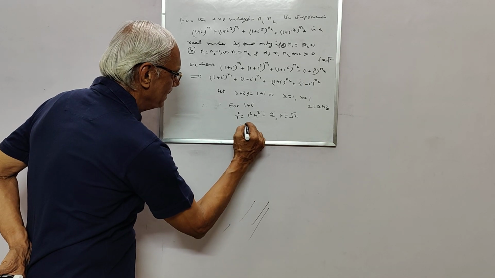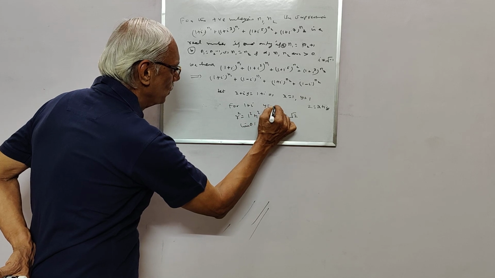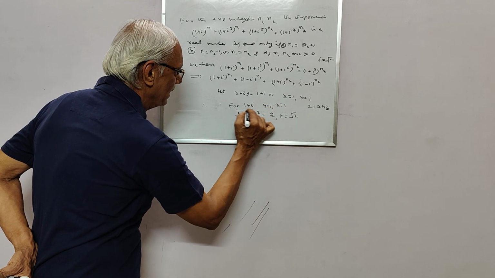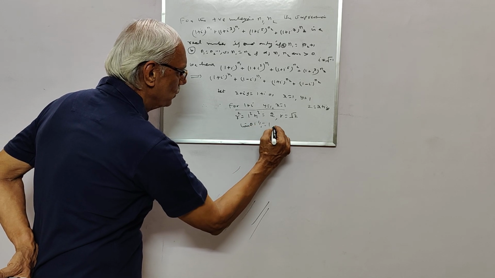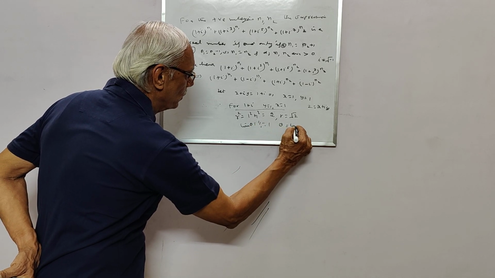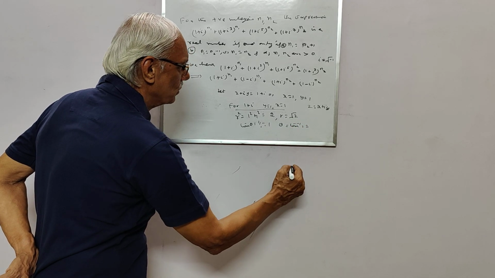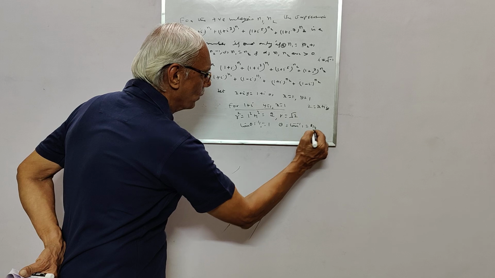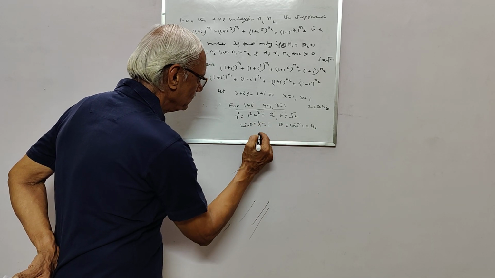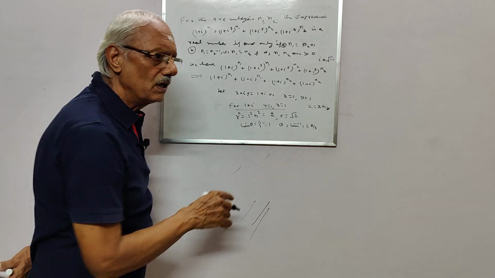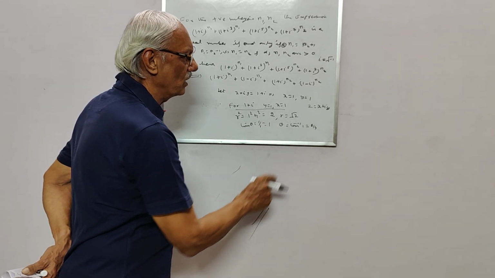And what is tan theta? Tan theta is equal to y by x. Here y is equal to 1 and x is equal to 1, so y by x is 1 by 1, that is equal to 1. So theta will be equal to tan inverse of 1, which is pi by 4, because tan 45 degrees is 1. So your theta value is equal to 45 degrees.